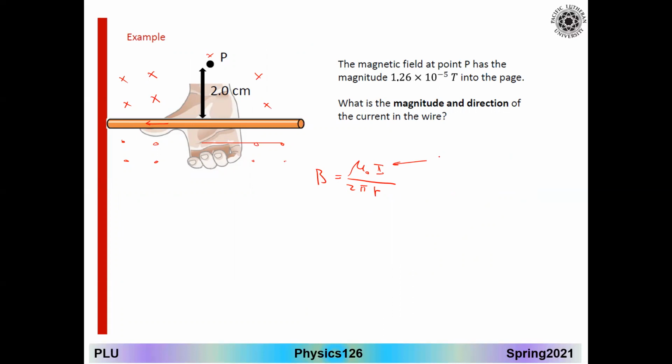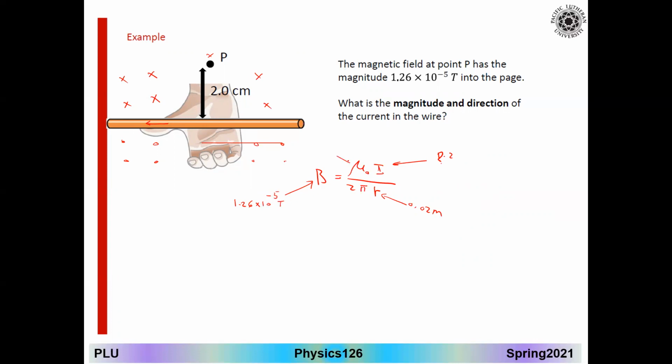I don't have the I, so you need to calculate the current. Mu, I have it. R, I have it: here it is 2 centimeters, which means 0.02 meters. And B is given: it is 1.26 times 10 to the minus 5, a small value again, guys.